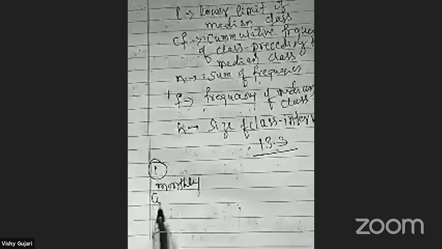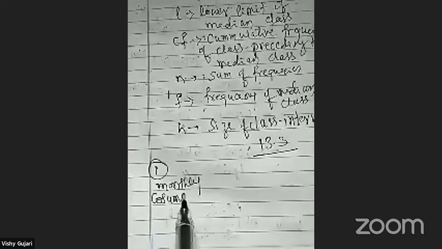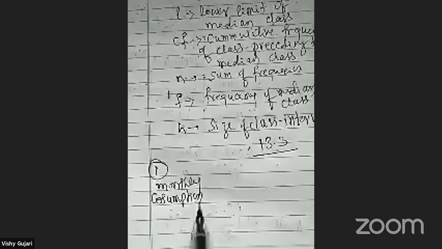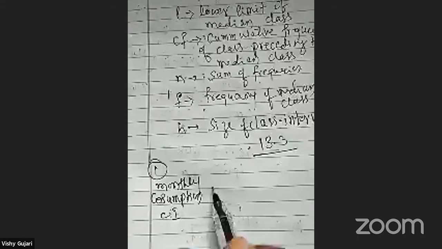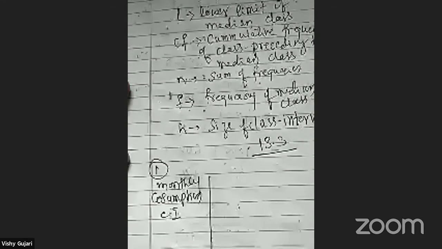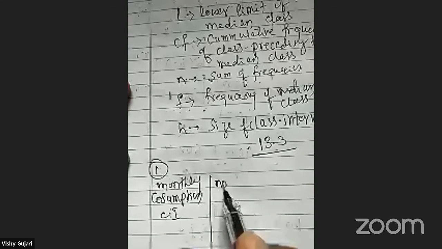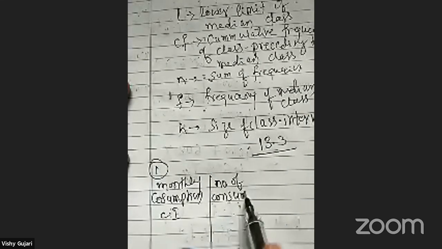Monthly consumption will become CI, and number of consumers will become F.